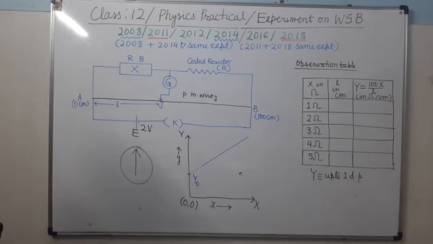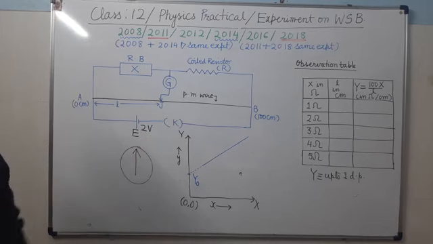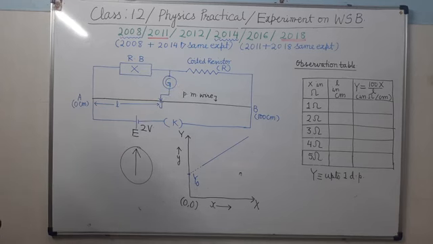It's clear? If it is not so, अगर ऐसा ना हो, then the null point, that is the no deflection point, cannot be obtained. There will be some fault in setting up the circuit. It is clear?